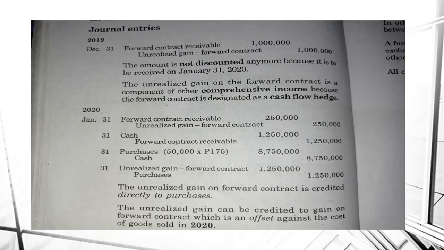Unrealized gain 1,250,000, purchases 1,250,000. The unrealized gain on the contract is credited directly to purchases. The unrealized gain can be credited to gain on forward contract, which is offset against the cost of goods sold in 2020. Okay.